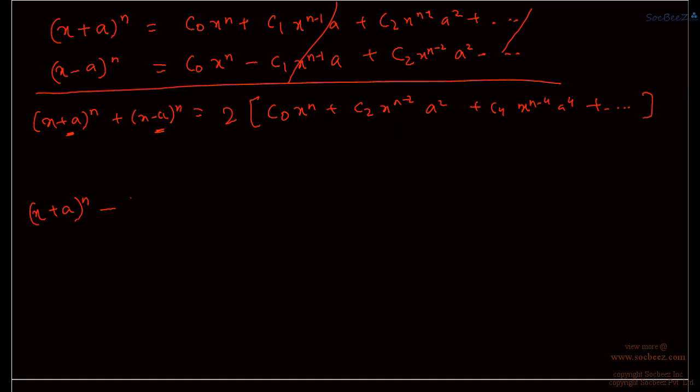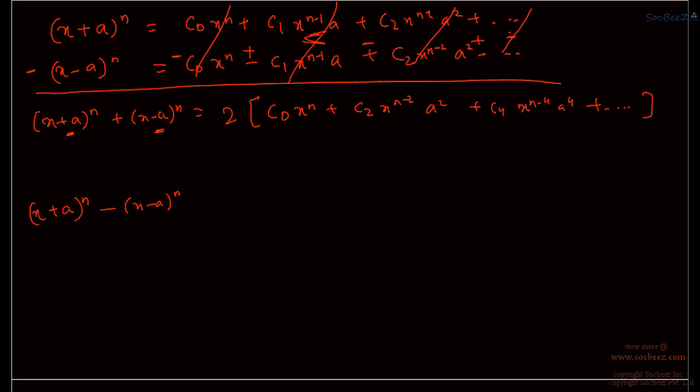Similarly, instead of adding, if I subtract the second from the first, then I'll have a minus here and a plus there, similarly minus, plus, and subtracting is nothing but addition of these two now. So I see that these things will cancel now, not these ones.